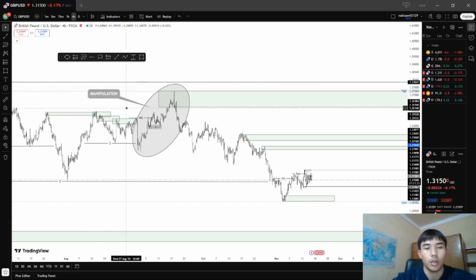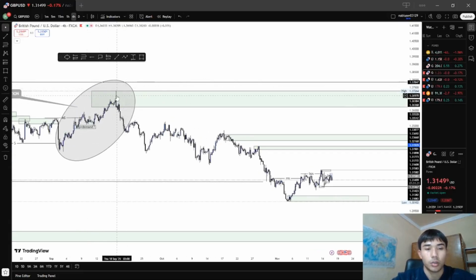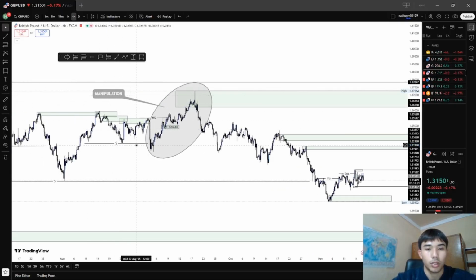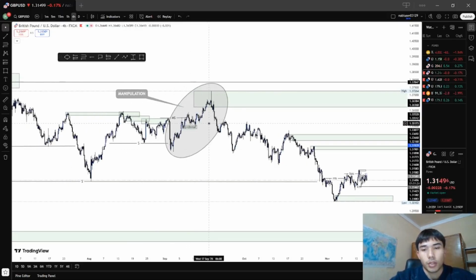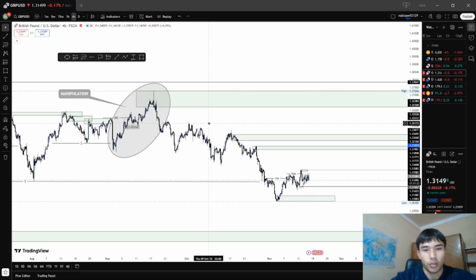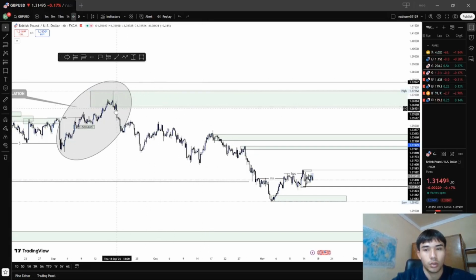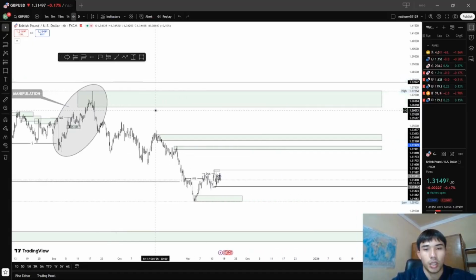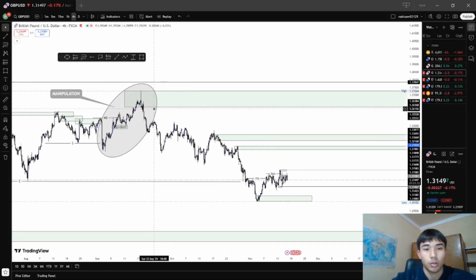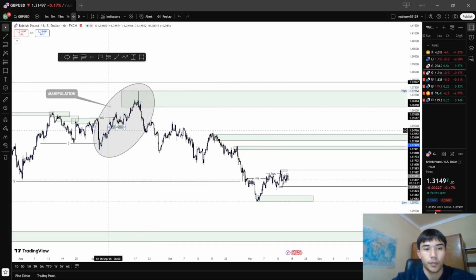I had already written it down, and price manipulated to the downside, straight and aggressively. So we mark out unmitigated supply zones, which we need to, because of this market shift. This is our market shift.